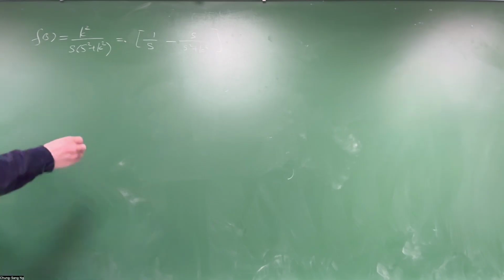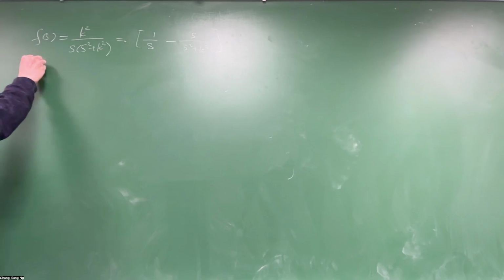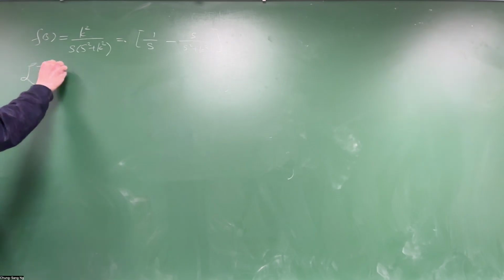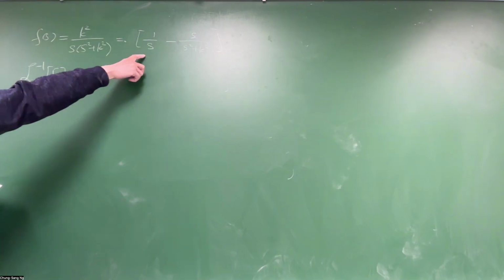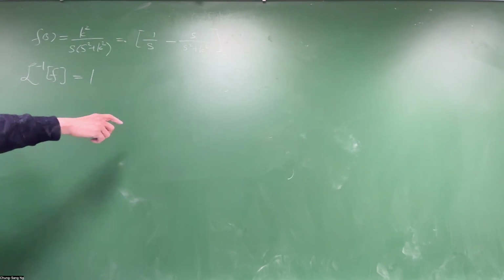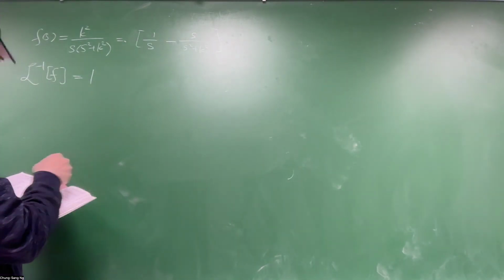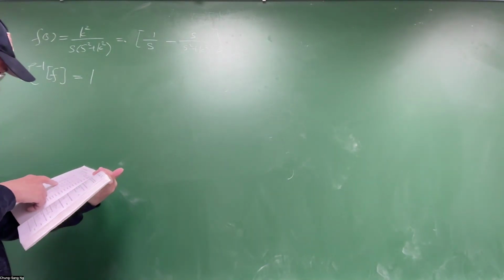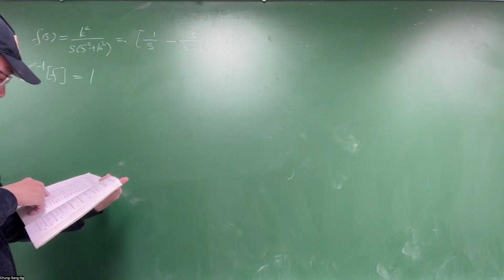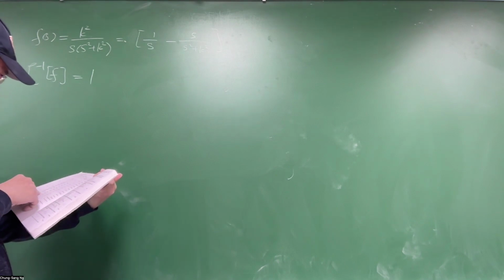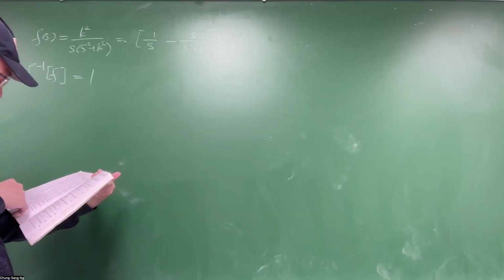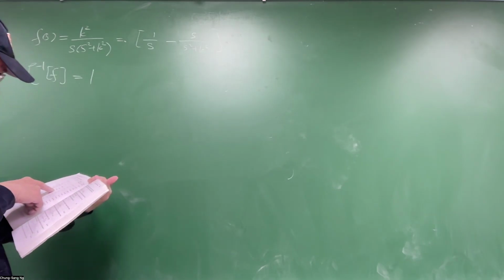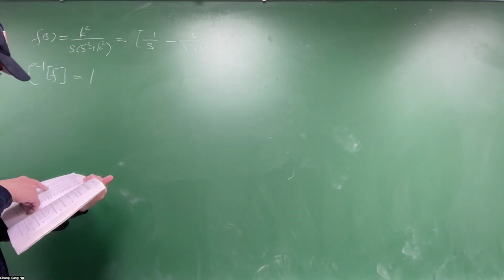And so the inverse transform, what is the notation? L inverse, writing it this way. The first one is just 1, right? Remember this? This one is a sine or cosine? Look it up. This is s divided by s squared plus k squared. It's number 8 in table 20.1.